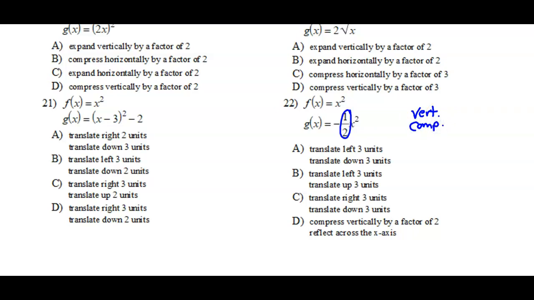So we have a vertical compression. But we also have a negative outside the parentheses, and that is a reflection across the x-axis. So we're looking for which option has a vertical compression and a reflection across the x-axis, and that would be option D there.